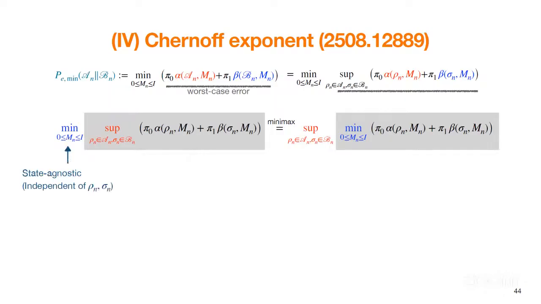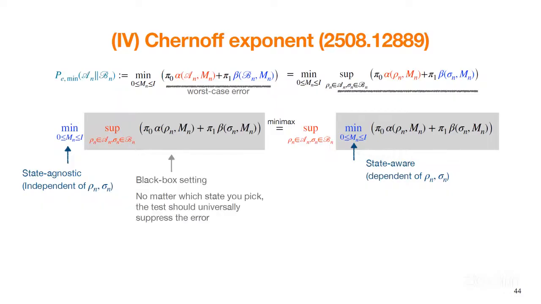From the left-hand side, we need to design a quantum measurement that is independent of the specific choice. But on the right-hand side, the infimum over the measurement can be defined with respect to rho and sigma n. Because the understanding here is that you fix rho and sigma n first, and you solve the inner minimization problem, and then you optimize over all the possible choices. So this Mn in the inner optimization can depend on the rho and sigma n that you choose.